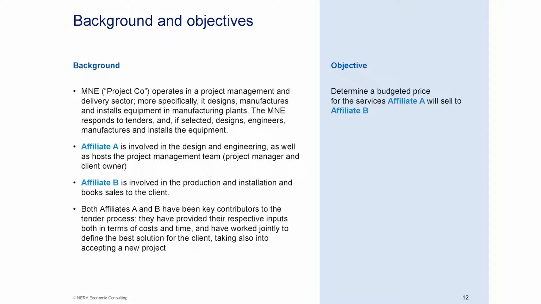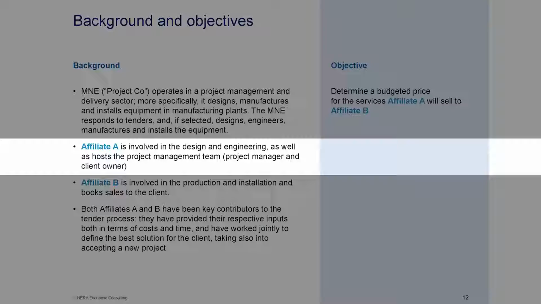We are in a situation where, as is typically the case within multinational companies, a few affiliates are sharing the key functional responsibilities in relation to responding to the tender and then executing the tender. In this case, and for the purpose of this case study, which is stylized, we have affiliate A, which is involved in the design and engineering of the product, as well as hosting the project management team.